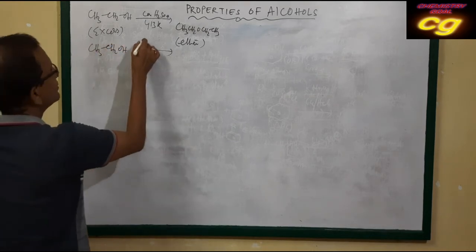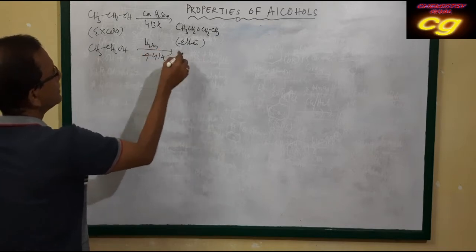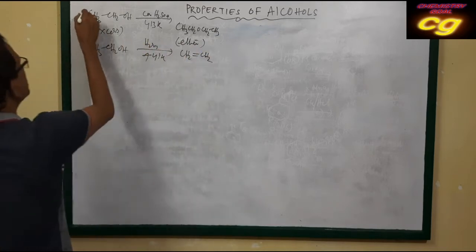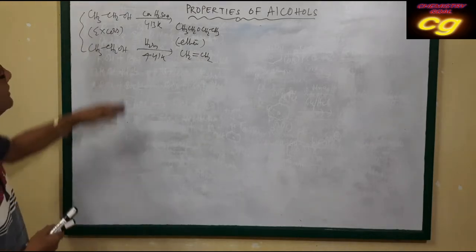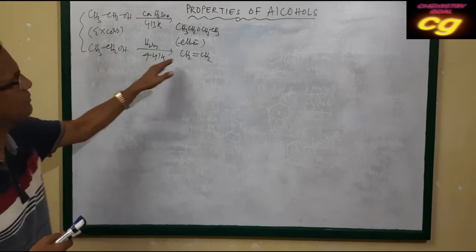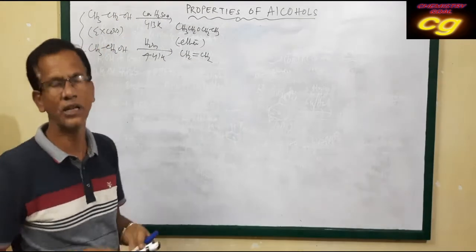Same sulfuric acid at high temperature, the result is alkene. So this is the difference: alcohol with sulfuric acid produces either ether or alkene. Both reactions are called dehydration reactions.